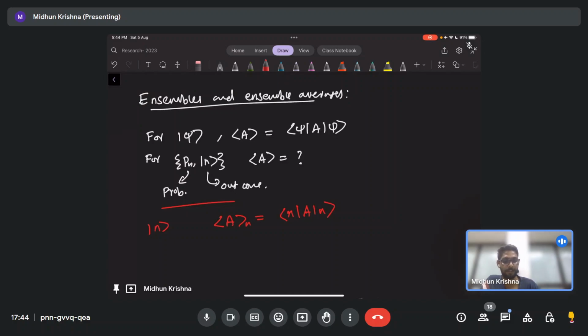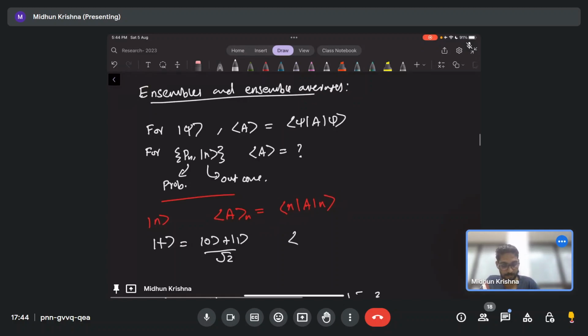Okay. So if I have the plus state, for instance, let's do an example. The plus state is 0 plus 1 by root 2, and if I do measurement along z direction, what is the average? Let's just do sigma z. So this is 1, 1, times 1 by root 2.